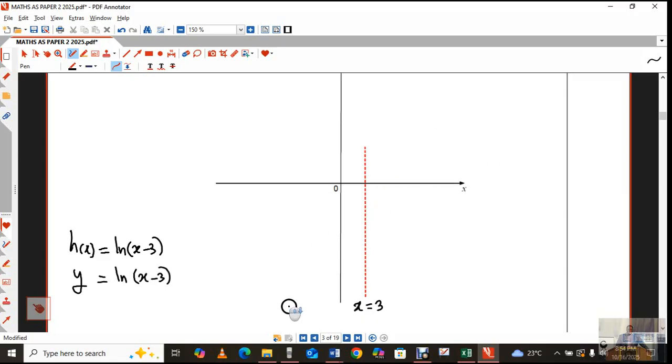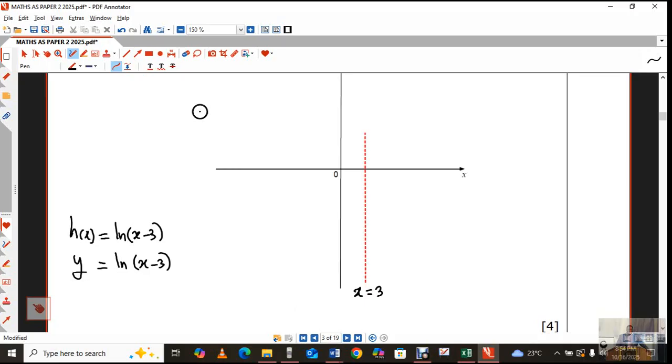I want to know where this function will cut the x-axis. Okay, where will it cut the x-axis? It will cut the x-axis at the point where y equals 0. So when you have y equals 0, remember this is nothing but log base e, so where you see the natural log, I'm going to replace it with log base e.